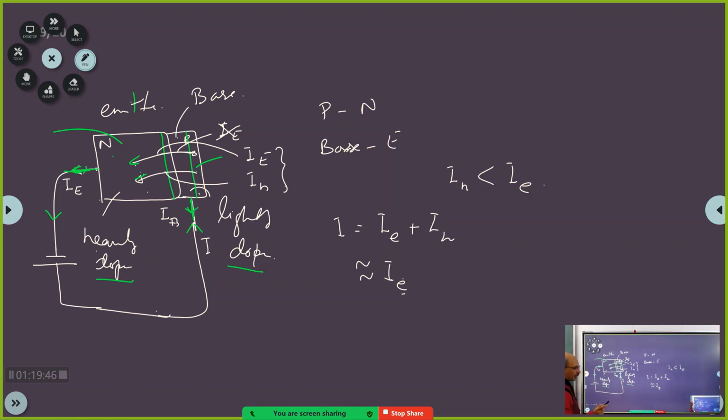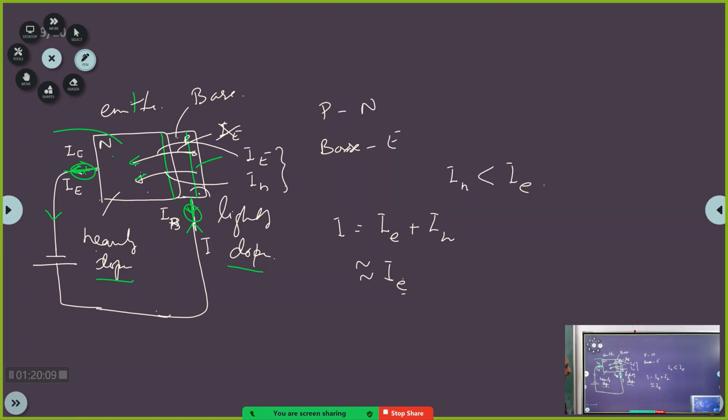Are you with me? Depending upon your textbook, you take it, but what is important is the current coming out of this or entering here; one of the conventions is used. Current coming out of this is called emitter current and this is called base current.